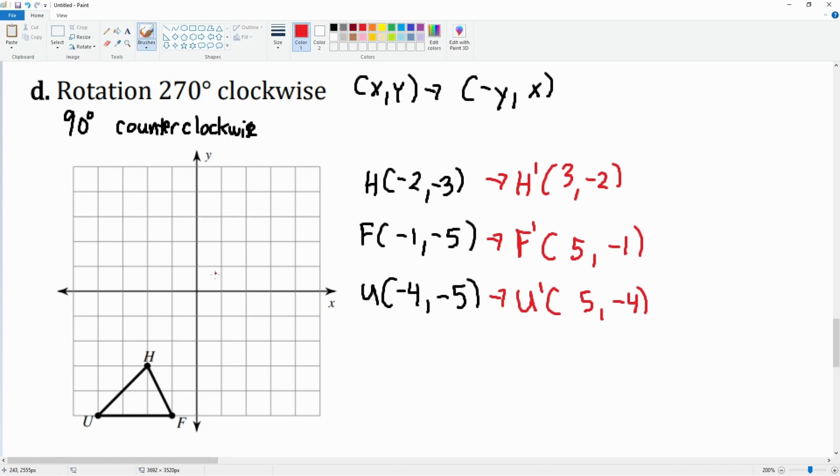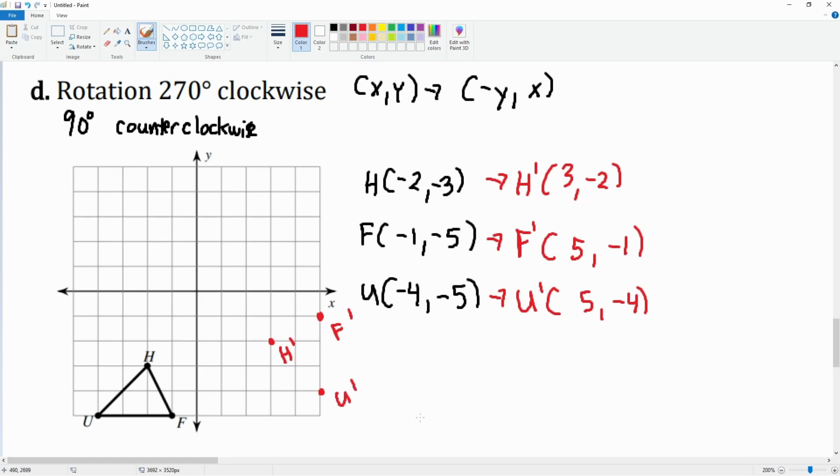Okay, so now let's just graph it. A 3, -2, 1, 2 is right here. All right, and then this is H prime. F prime is 1, 2, 3, 4, 5, down 1. This is F prime. U is 1, 2, 3, 4, 5, 1, 2, 3, 4. This is U prime.